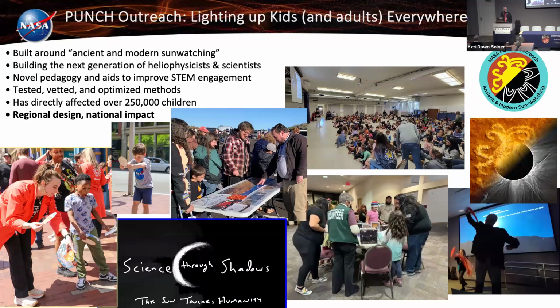We've seen lots of novel pedagogy and new aids to improve STEM engagement. They were working by tested, vetted, and optimized methods by iterating. And they've directly affected over 250,000 children already, in addition to side-on effects. So this is a tremendous accomplishment. And I want to thank Sherilyn Morrow, who's in the back of the room, and John Keller for leading that.